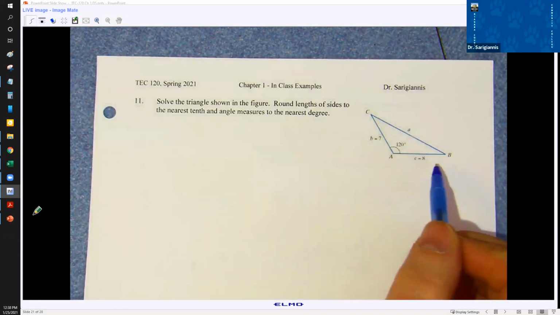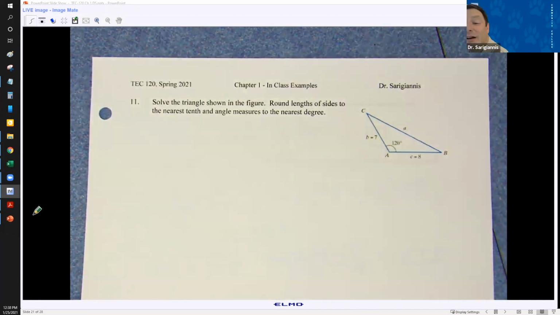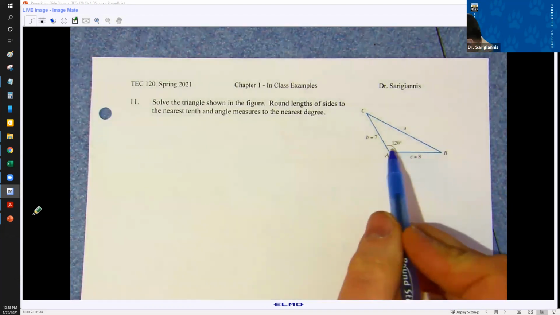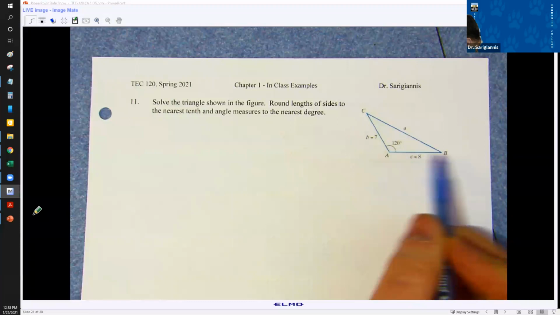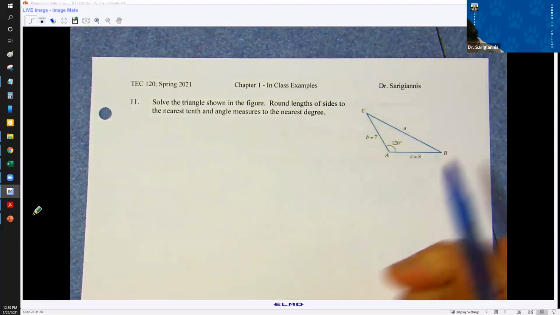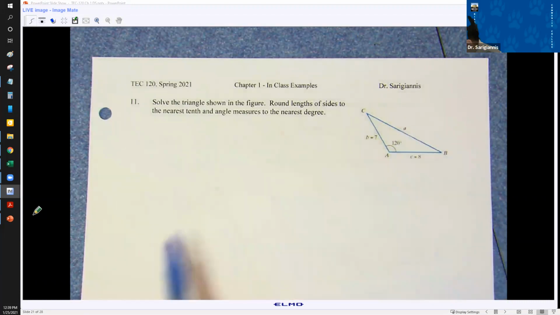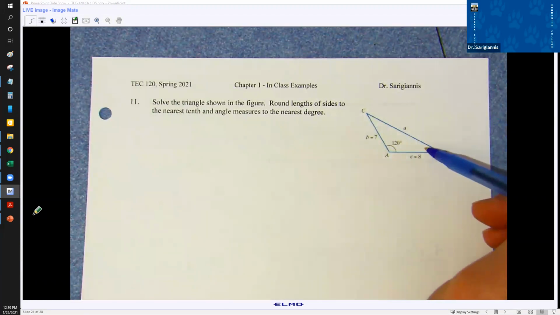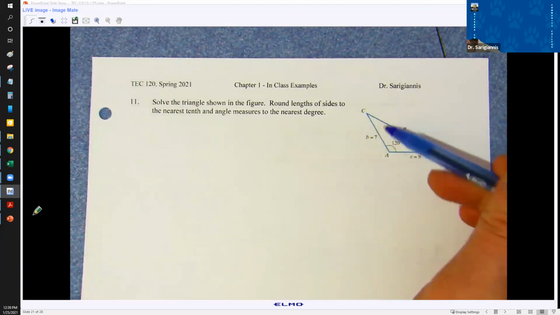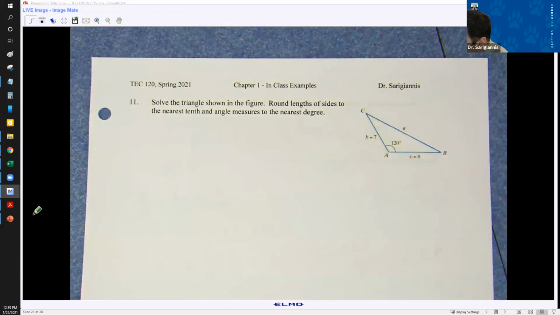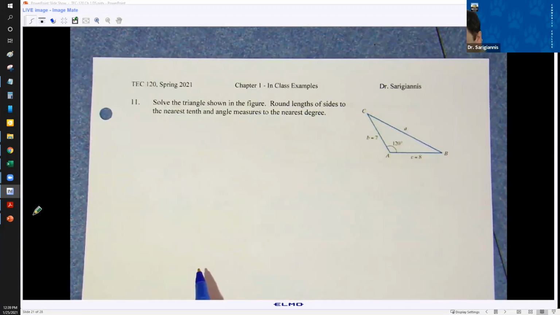I gotta do something about these figures. They're really blurry. We can figure out all the sides and then we can figure out the angles. And the first thing you notice here is, you're given an angle between two known sides, right? So right away we can think, oh, we can use the law of cosines. And once we find this, we can go ahead and figure out the angles using the law of sines. So we're going to use both techniques here.